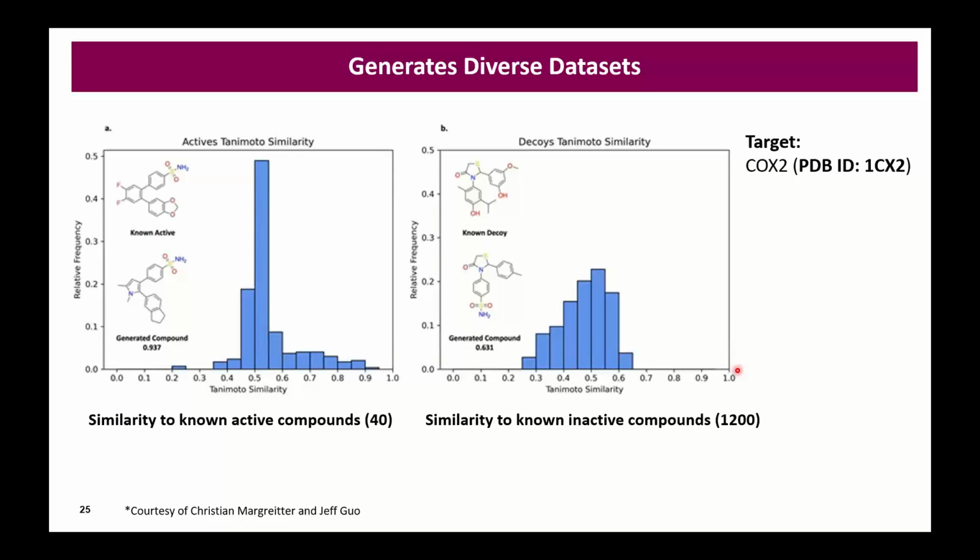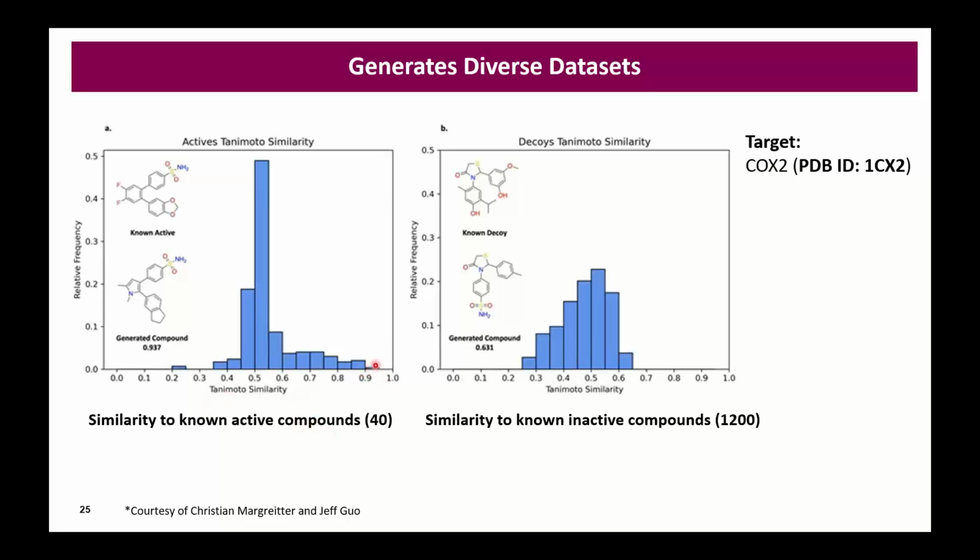I have another example where we're trying to illustrate how it generates very diverse data sets. It's a different run, and a different target as well, COX-2. And here we have known active compounds and known inactive compounds. From the docking run, the resulting data set has produced some compounds that are similar to the active compounds, right?